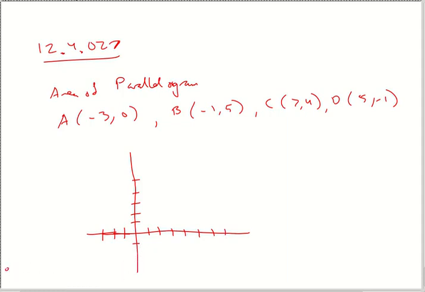Okay, so here we go. I got a point here, that's A. I got a point B, negative 1, 5, right about here. C, 7, 4 is way over here. Again, not perfect, but close. And then D is going to be 5, negative 1, about right there. And so they're saying that this parallelogram here and here.